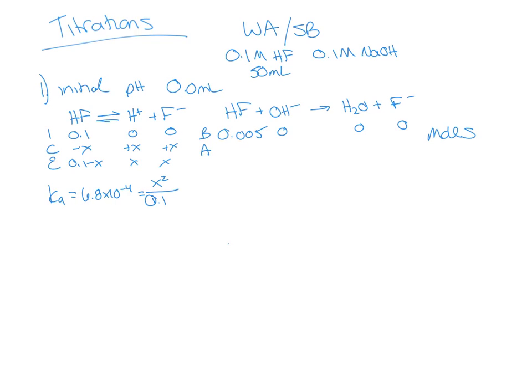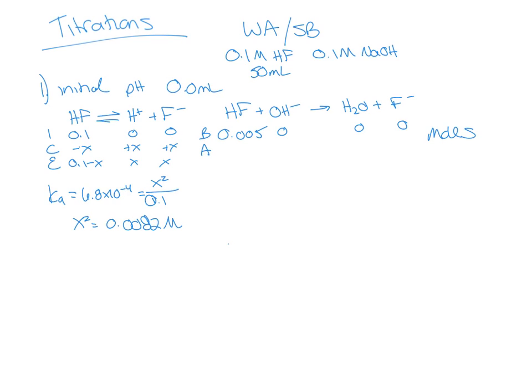And then I need to take the square root of that, which I don't know where it is on my calculator. There it is. And I get an X of 0.0082 molar. And that's my concentration of H plus.